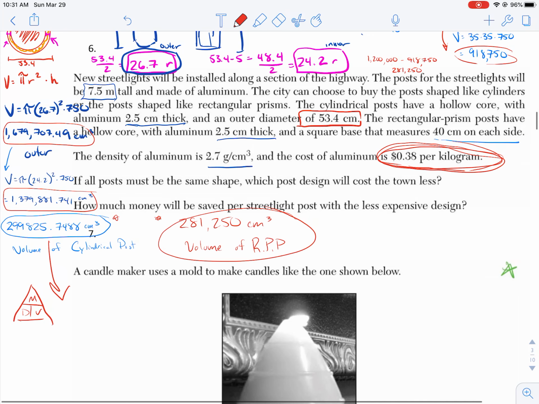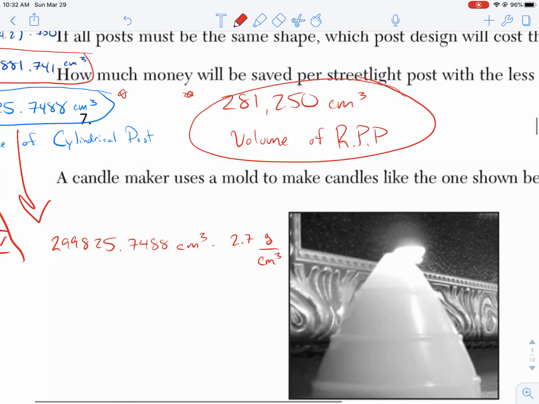So, in order to find out what our mass is, okay, we need to multiply our volume times our density. So it's going to be centimeters cubed times our density, which is 2.7 grams per centimeters cubed.